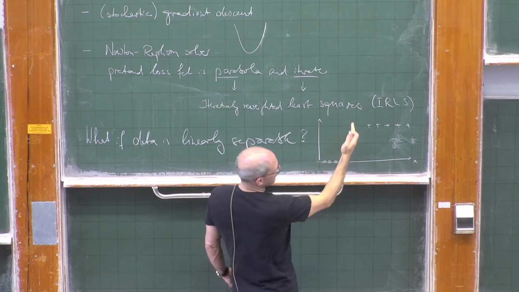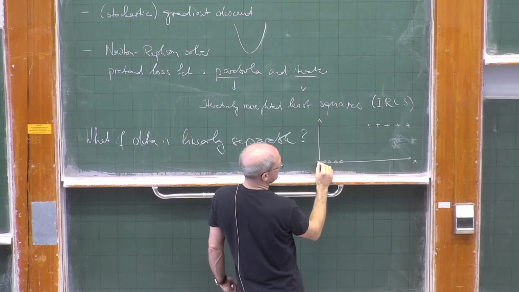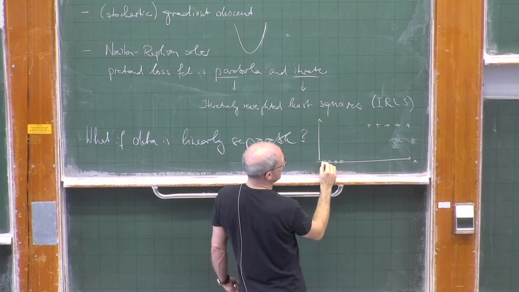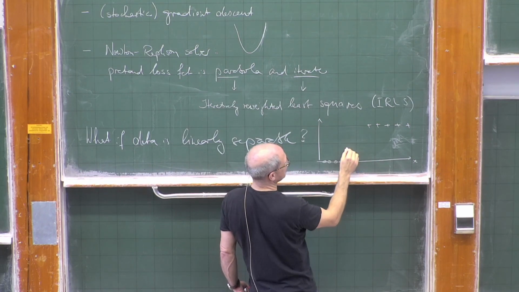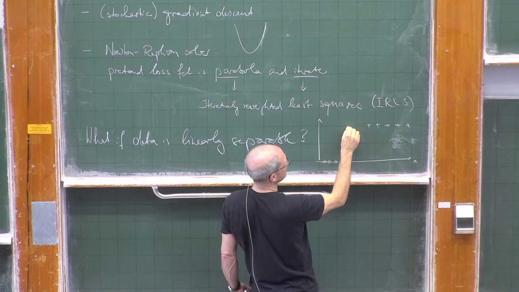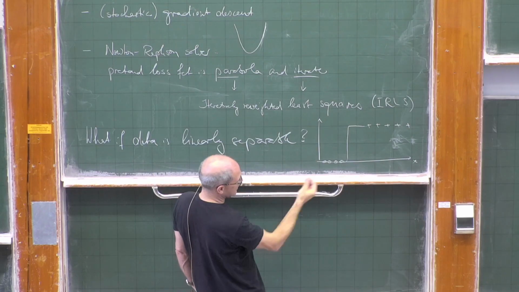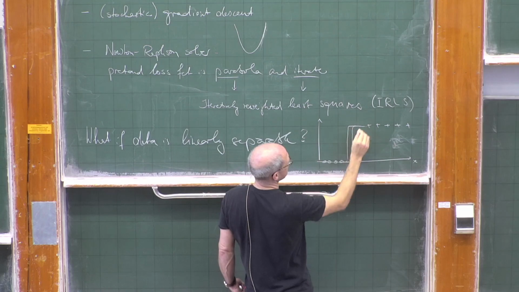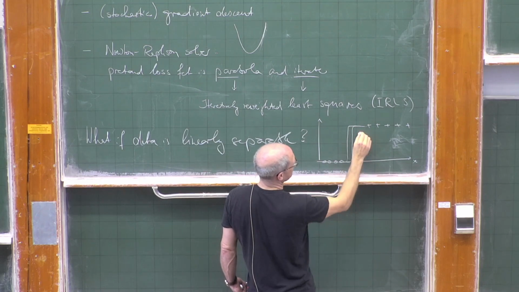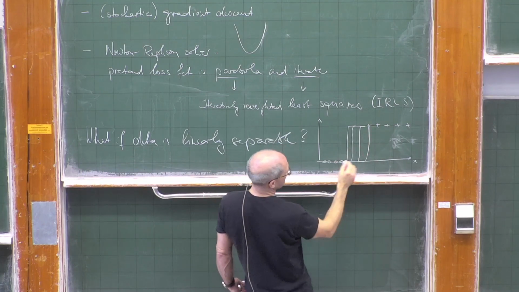Now, if the data is perfectly linearly separable, then the steeper I make my sigmoid, the better. So my parameter vector beta is going to become very, very large, and I'm going to obtain what is practically a step function. But I could get this step function, or that step function, or that step function. As long as I choose a perfect step function, which one I should choose is not determined by the data.